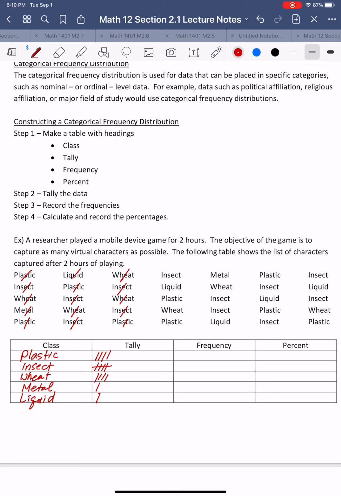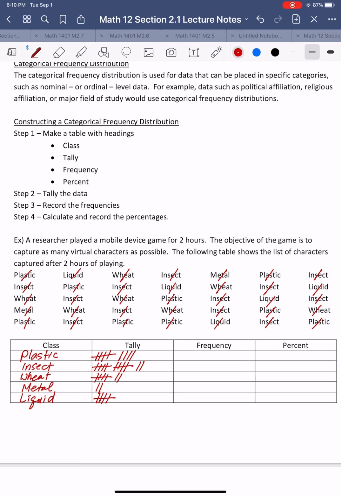Plastic, insect, liquid, plastic, wheat, plastic, metal, wheat, insect, and insect, liquid, plastic, insect, liquid, plastic, insect, insect, liquid, insect, wheat, and plastic.